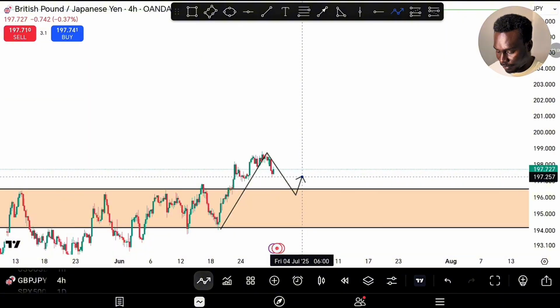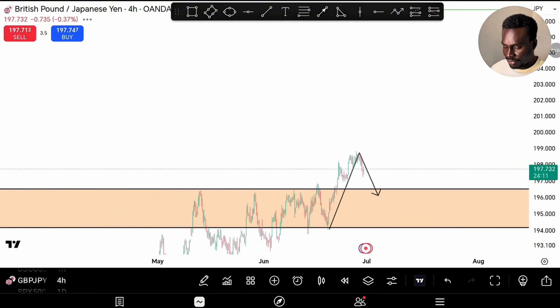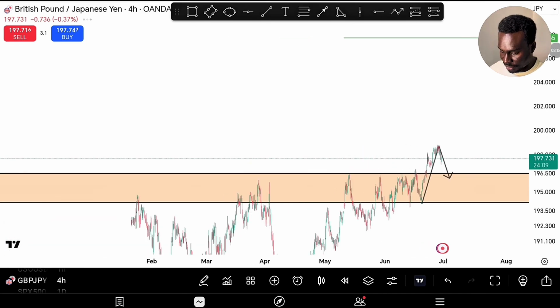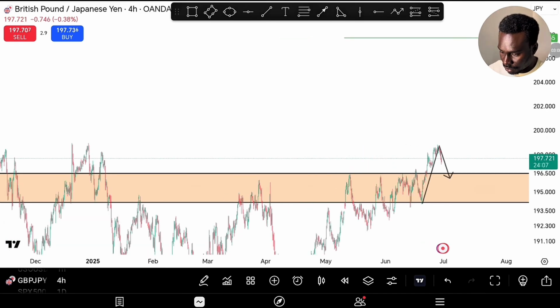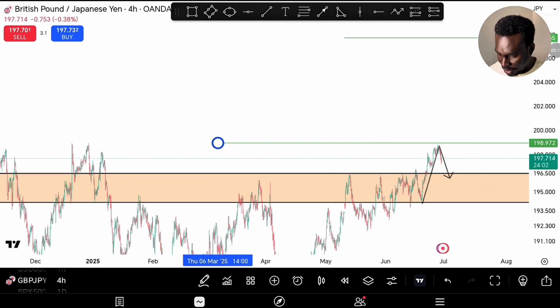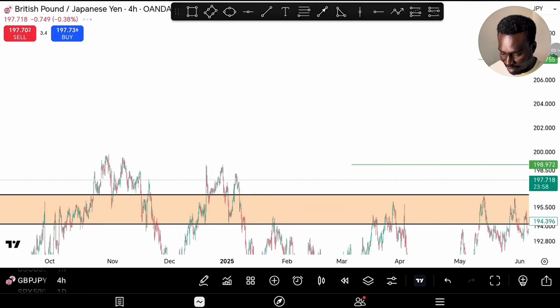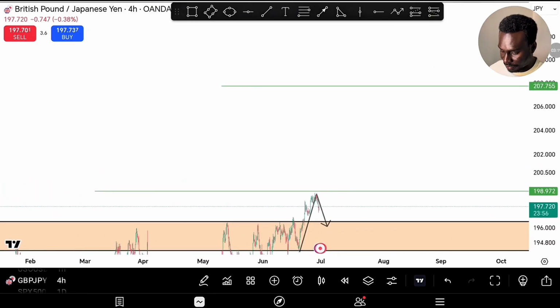So if this happens, it all depends on how the market presents. My first take profit will be this previous level. Then my next take profits will be here.